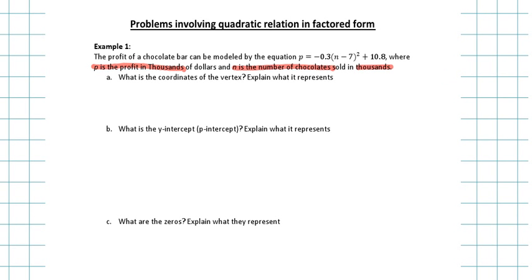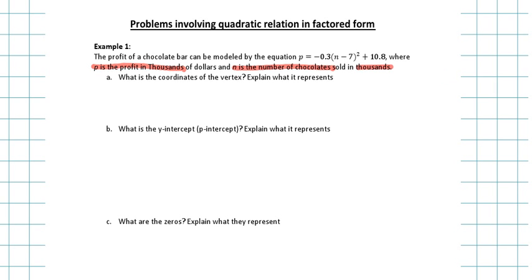The question is, what are the coordinates of the vertex? And explain what it represents. First thing you have to do is look at your equation, P equals negative 0.3 (n minus 7) squared plus 10.8, and ask yourself, what form is it in?